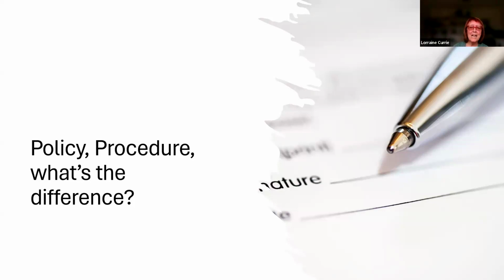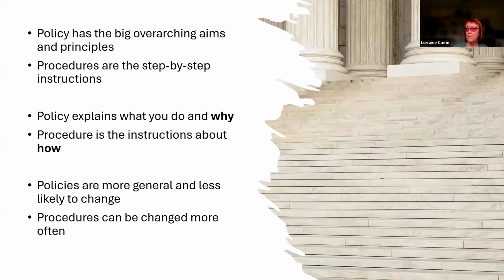So I think we can get in a bit of a tizz about, oh, I've got to write a policy, and it feels like something that needs to have big words in it and be very complicated, and that's never a good thing in my view. So let's just have a little look at what a policy is, what a procedure is, and what's the difference before we look at the MCA in relation to policies and procedures.